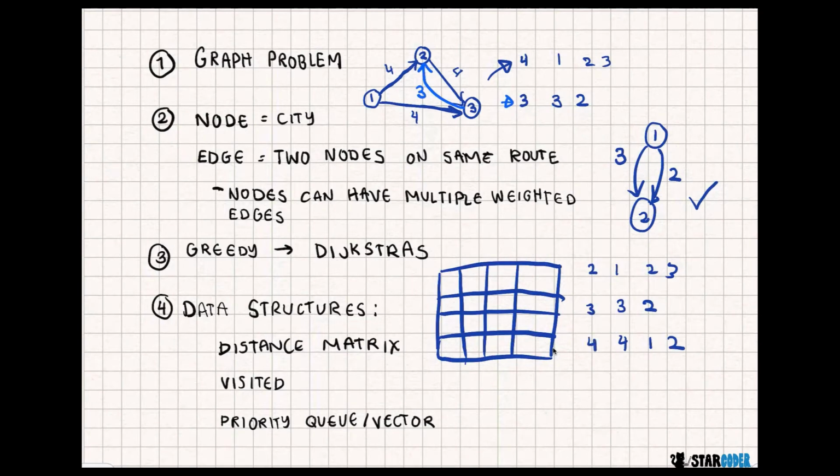we are going to create a matrix that has the minimum distance between these 2 points. From 1 to 1, this distance is going to be 0. Actually, we can initialize all of these to 0 since from one city to the same city is 0.